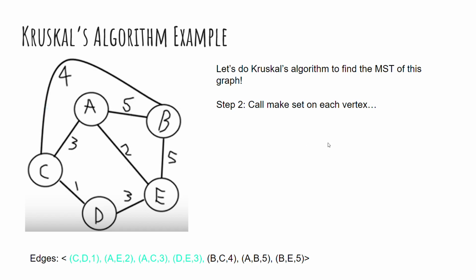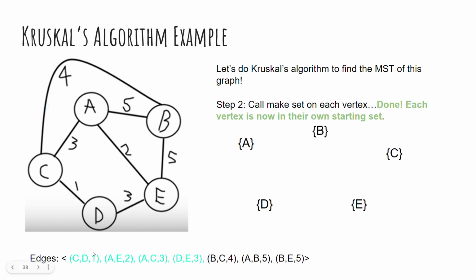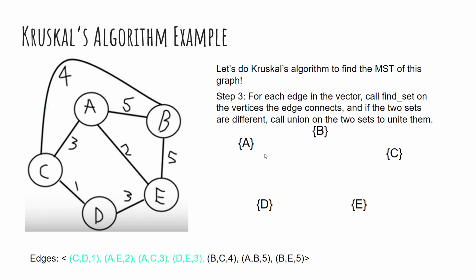And now we'll call make set on each of these vertices. So we first call make set on each of the vertices A, B, C, D, and E. So we have 5 different sets now. And now for each edge E in the vector, we'll call find set on the vertices the edge connects.